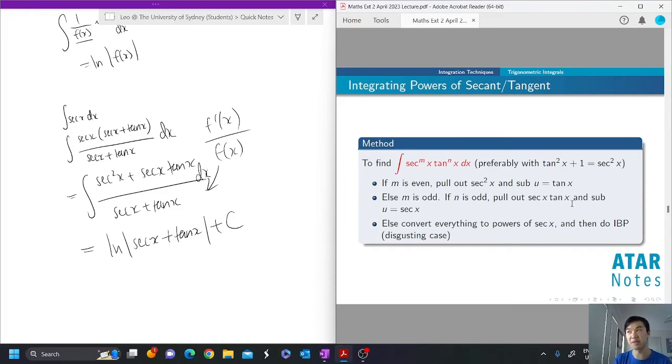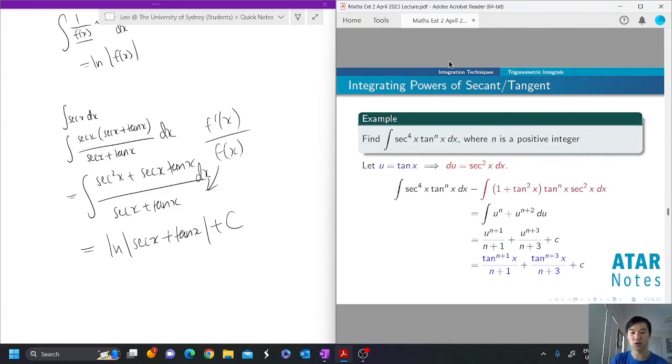So you can do some manipulation with that. If your power of sec is odd and n is also odd, you can pull out sec x tan x from the integral, then substitute u equals sec x, because we know the derivative of that is sec x tan x. Otherwise, try to convert everything in terms of sec using this identity, then try doing integration by parts. But that's a really horrible case, which hopefully you won't get.